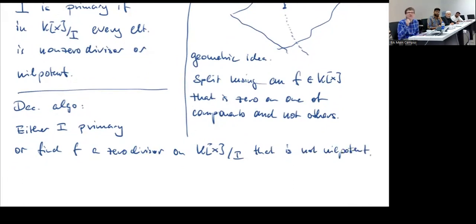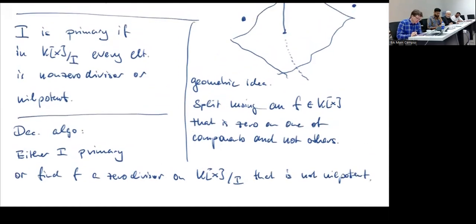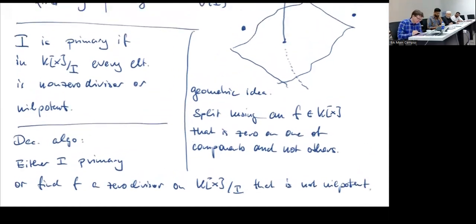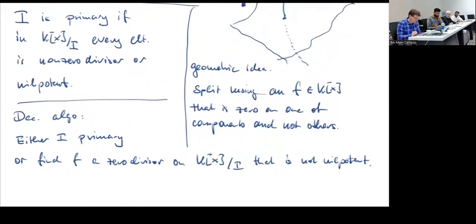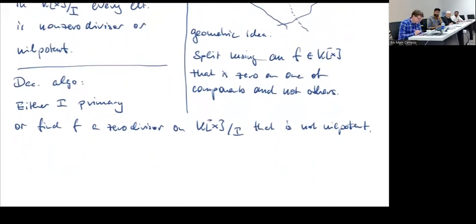If you go back to the algebra and geometry dictionary, you can convince yourself that this is such a splitting F. It's something that vanishes on one of the components, but not on the entire variety. Then you use this lemma, and my ad hoc exercise is to think about the proof of this lemma.